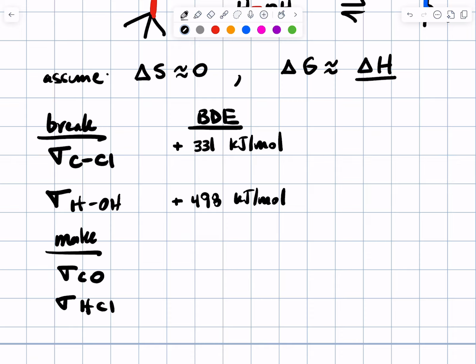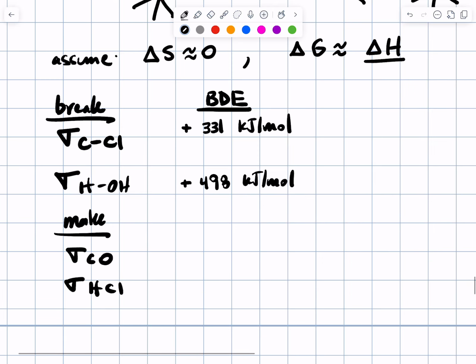Now, how about the bonds that we make? We make a carbon-oxygen bond. The bond dissociation enthalpy for a carbon-oxygen bond is 401 kilojoules per mole. Now, if I'm making the bond, should this number be positive or negative? Negative, right?